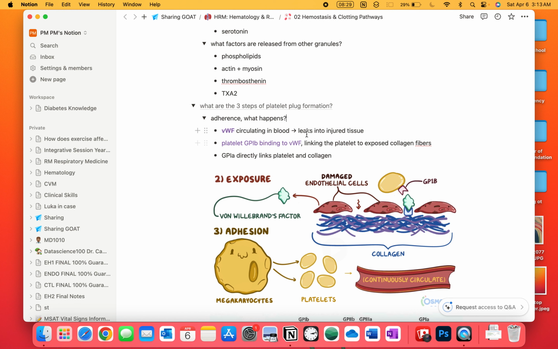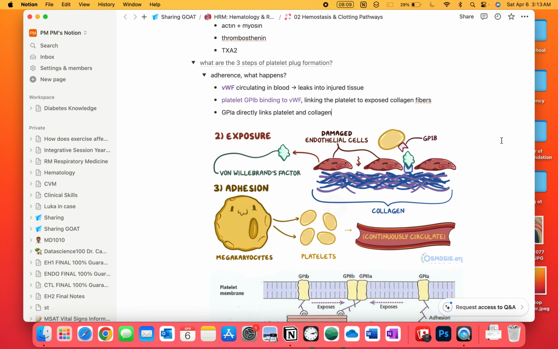So adherence: von Willebrand factor circulating in blood is going to connect to the subendothelial collagen. It's going to bind to GP1B, and it's going to link the platelet to exposed collagen fibers. And then your GP1A is just going to directly link the platelet and collagen.